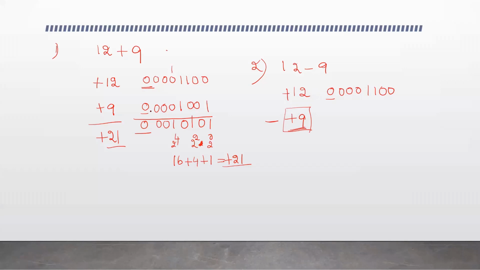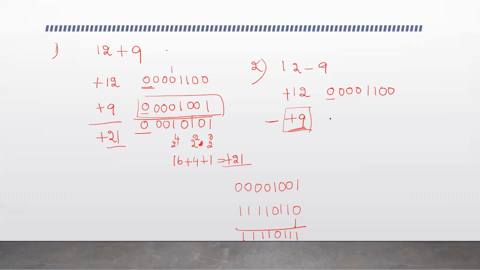9 is what we have already written here: 0, 0, 0, 0, 1, 0, 0, 1. Find the 1's complement: 1, 1, 1, 1, 0, 1, 1, 0. Add 1 to this: 1, 1, 1, 1, 0, 1, 1, 1.